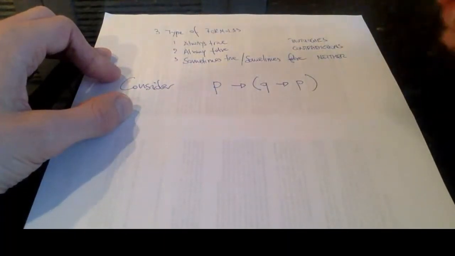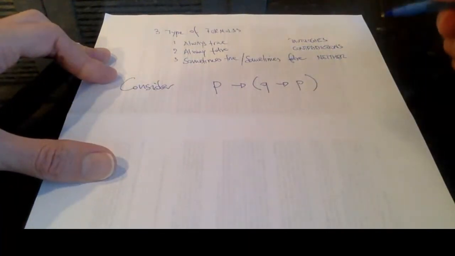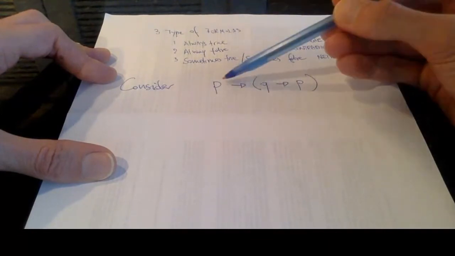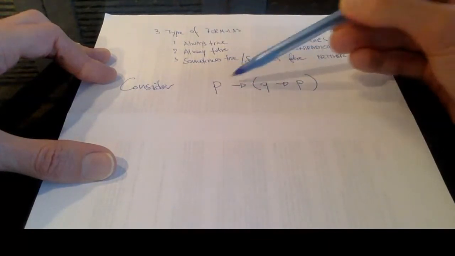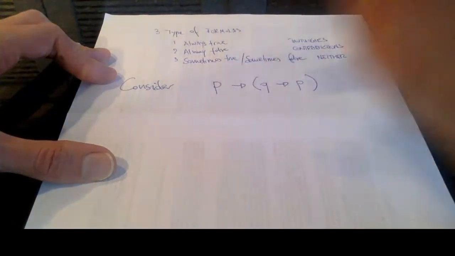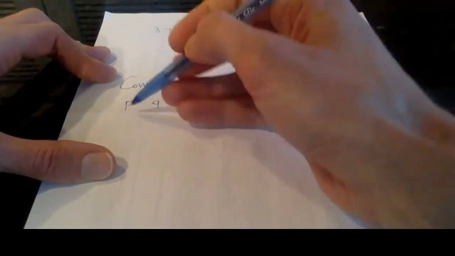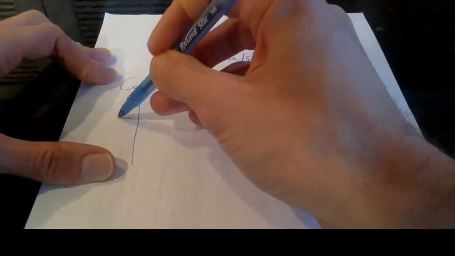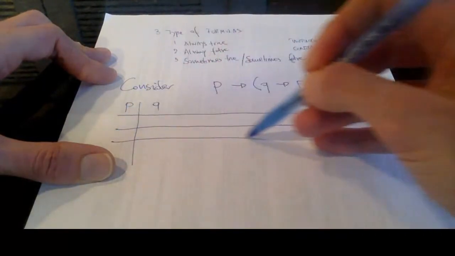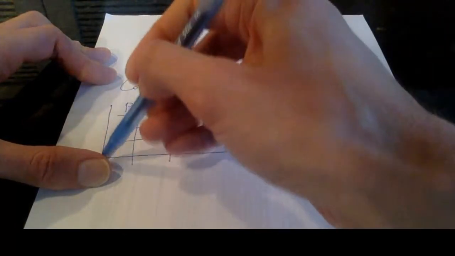Now, in order to check whether it is a tautology, contradiction, or neither, the first step is to identify the atomic formulas, namely P and Q, that occur in this more complex formula. So we write them here on the side. We have P and Q. And we list at this point all the possible combinations of truth values for these two atomic formulas.